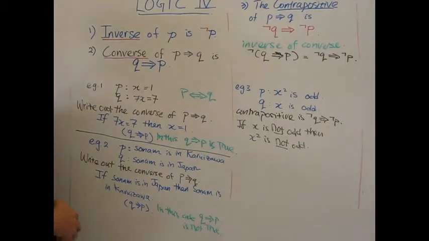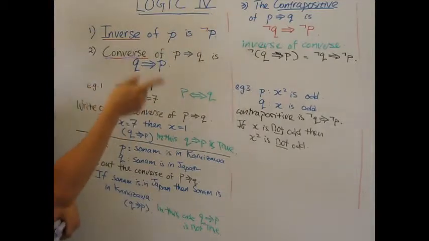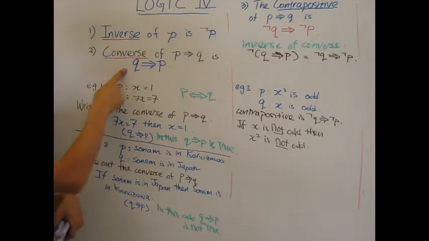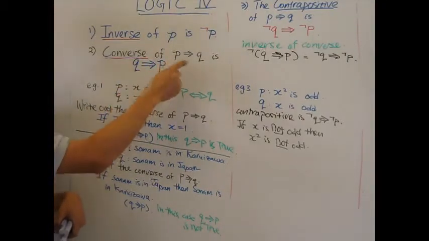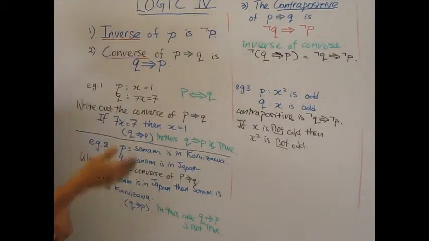So today we looked at inverse. That is just the not statement. It's the opposite. For converse, you put the result first, implies the condition. So the converse of P implies Q is Q implies P. The converse of a particular implication is not always true.